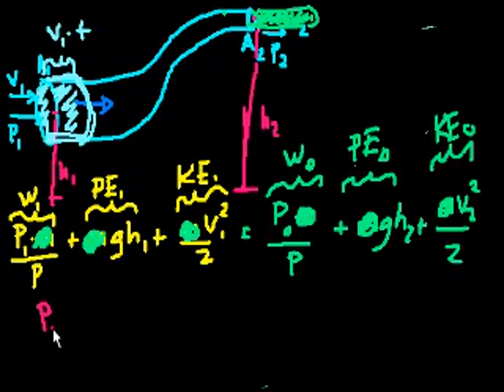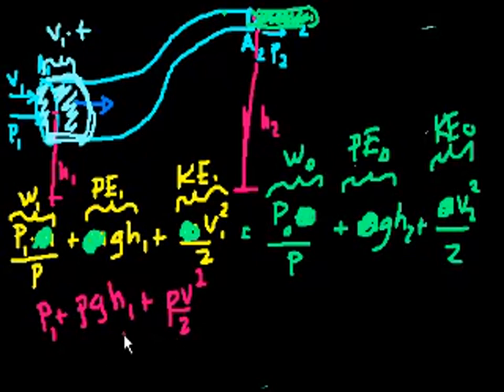So we have the input pressure P1, plus, we're multiplying everything by this rho, this density, so plus rho g h1, the initial height, plus rho v1 squared over 2. You're probably expecting me to say rho v Wade, but no, this is rho, bad joke.